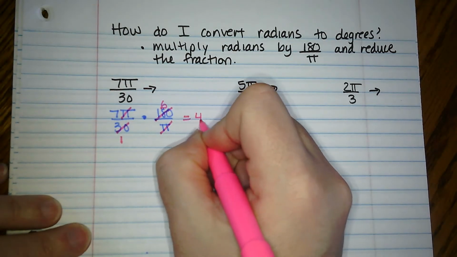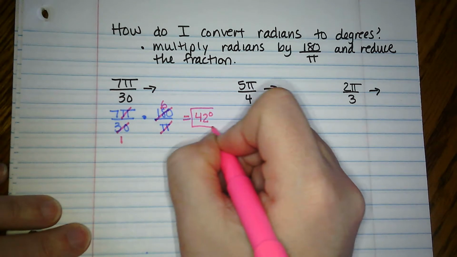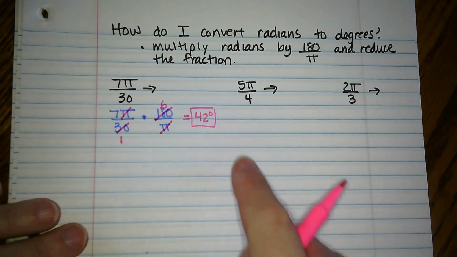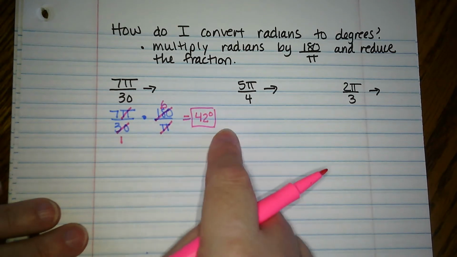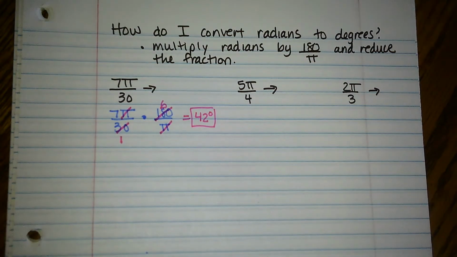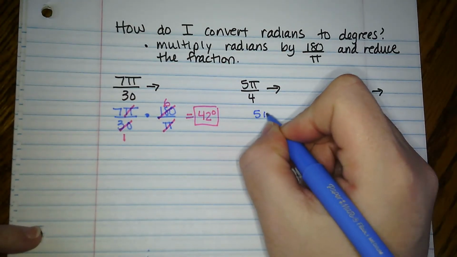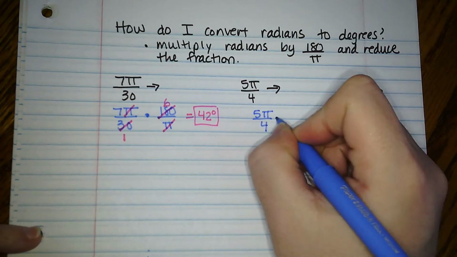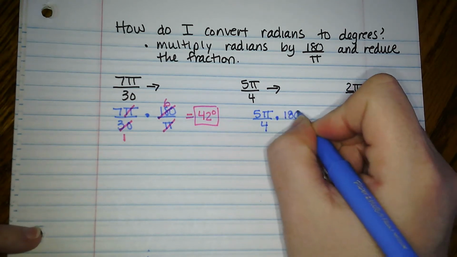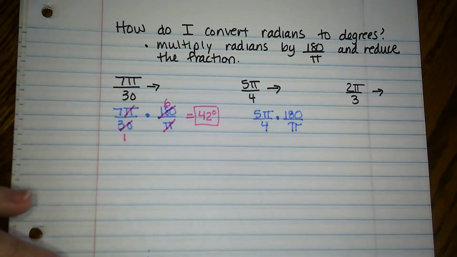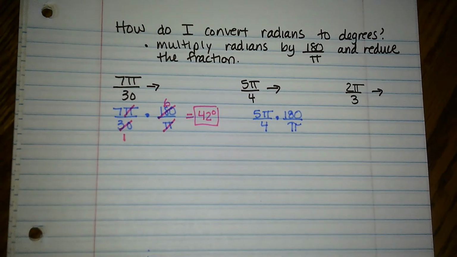And if you remember from the very last video, we started with 42 and got to 7 pi over 30. So now I'm showing you how to get back there. That's kind of how that works. As far as 5 pi over 4 goes, we're going to take 5 pi over 4 and multiply it by 180 over pi. Then we cancel what we can.